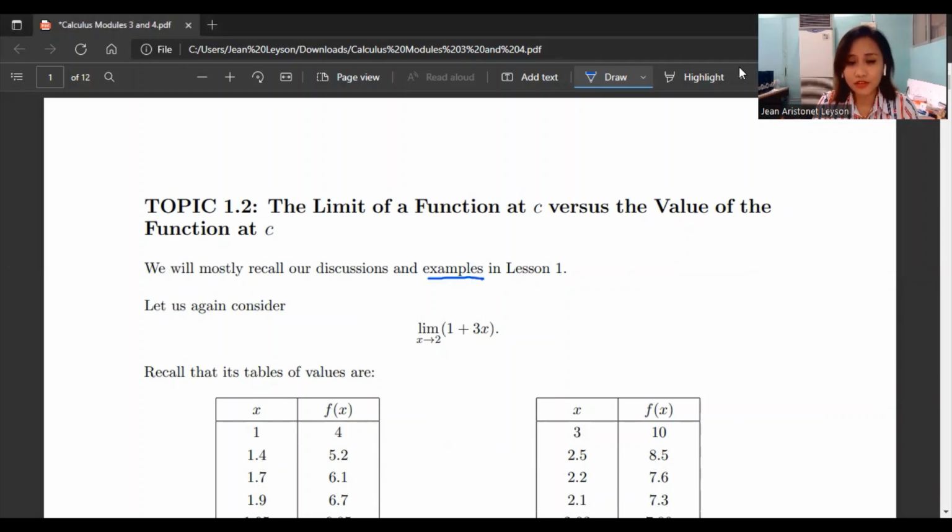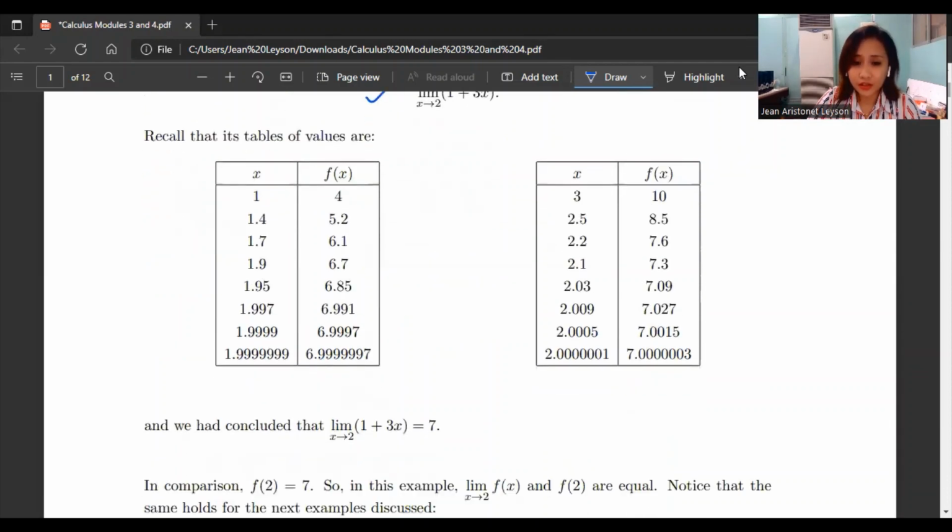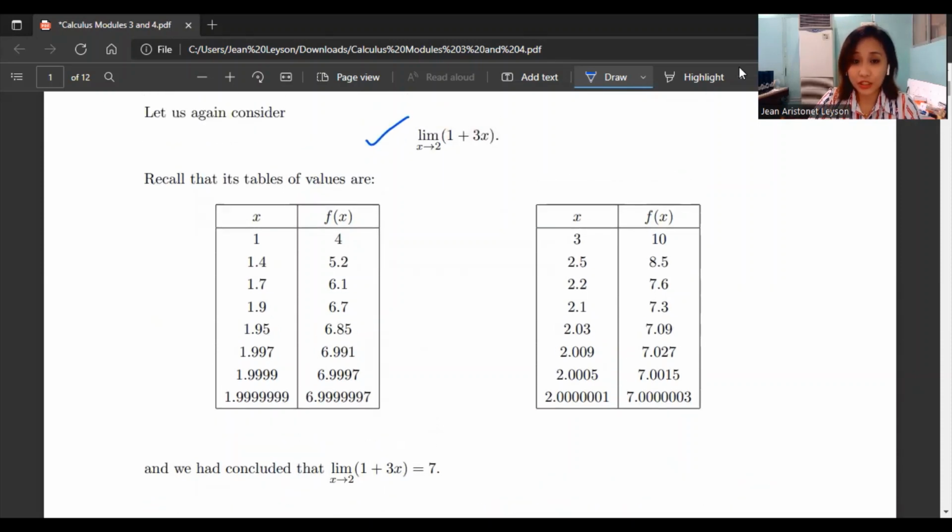The examples we will be using are the same as in my previous video. So let us again consider the limit of the function 1 plus 3x as x approaches 2. If you can still remember, in order to determine the limit, last time we used a table of values.